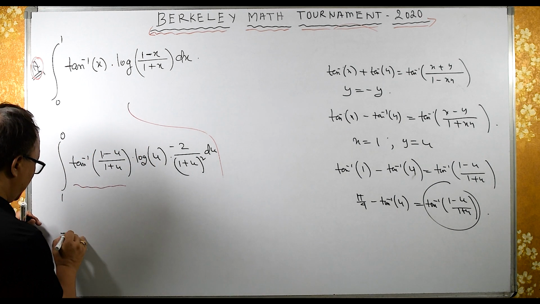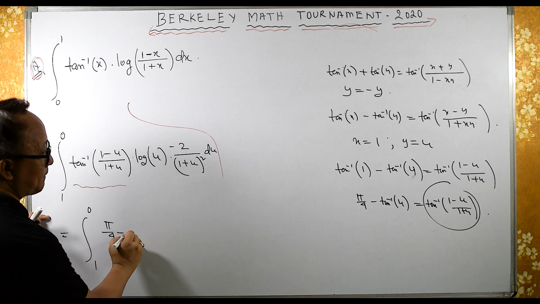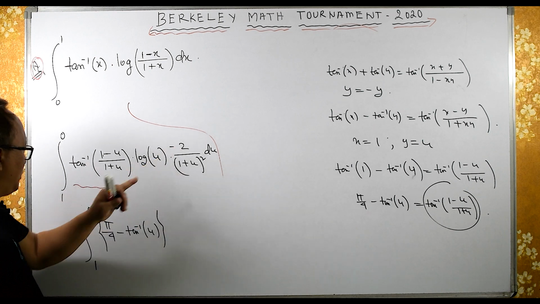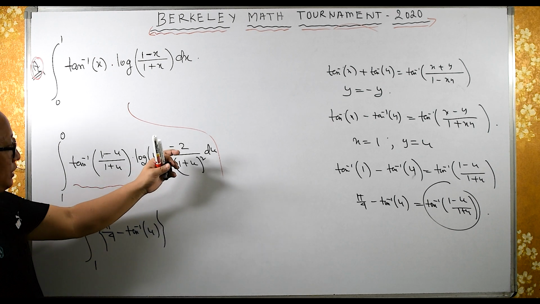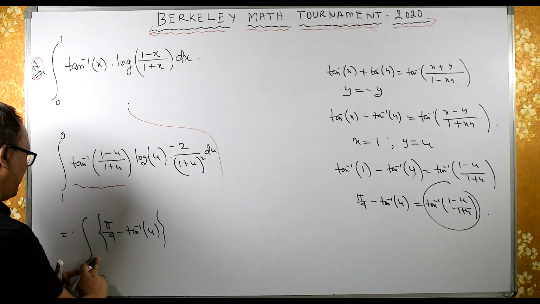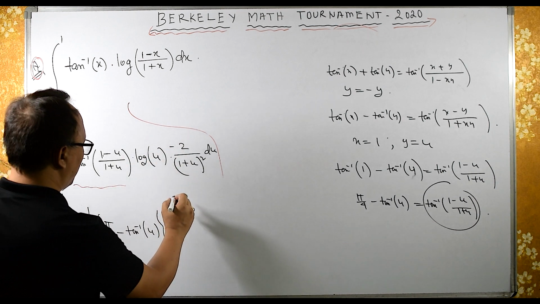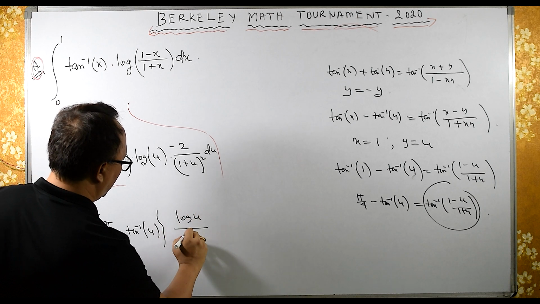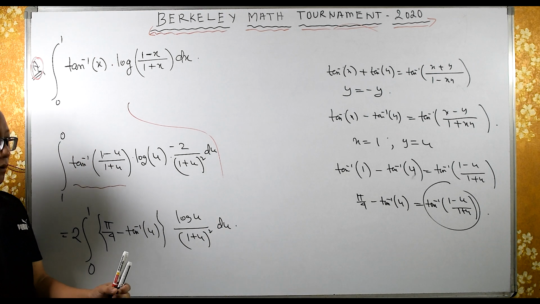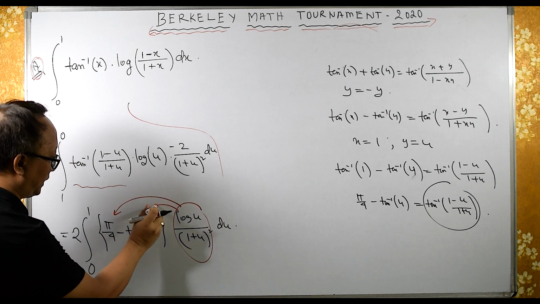Therefore, this is the same as integral 1 to 0 of (pi by 4 minus tan inverse u) into minus 2, which I am sending outside. I will interchange the limits, so instead of 1 to 0 it becomes 0 to 1, and this minus has gone. What we have is log of u upon (1 plus u) the whole square du. This whole term I can distribute.